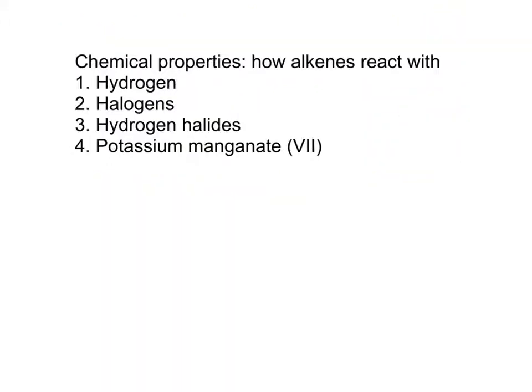We are going to look at five reactions of alkenes, but the first four all fit into the same general pattern. You start off with a double bonded molecule and you end up with a single bonded molecule. You lose the pi bond of the double bond, and you get two new covalent bonds joining to two new groups.